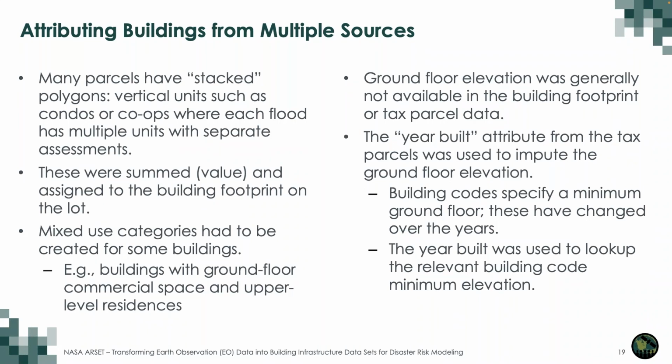And so when we were trying to do that relationship between the multiple tax parcels that overlaid with a particular building footprint, that was a problem because we didn't want to take just one of the tax parcel values and occupancy class, although generally occupancy class was the same for all of them, but you could have a condo with ground floor retail, for example. But we didn't want to assign the value from just one part of that to the building.